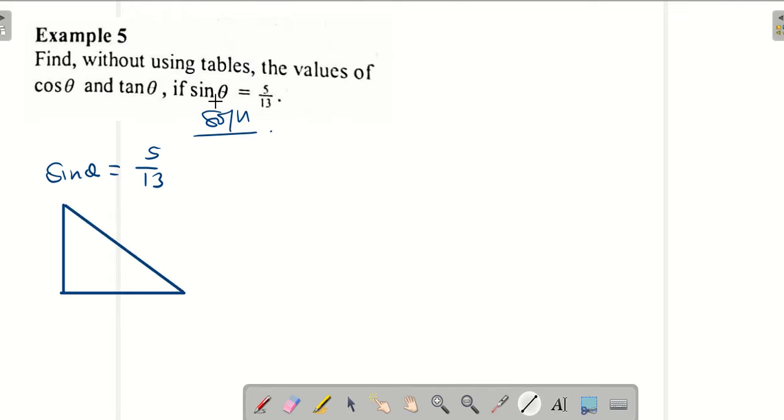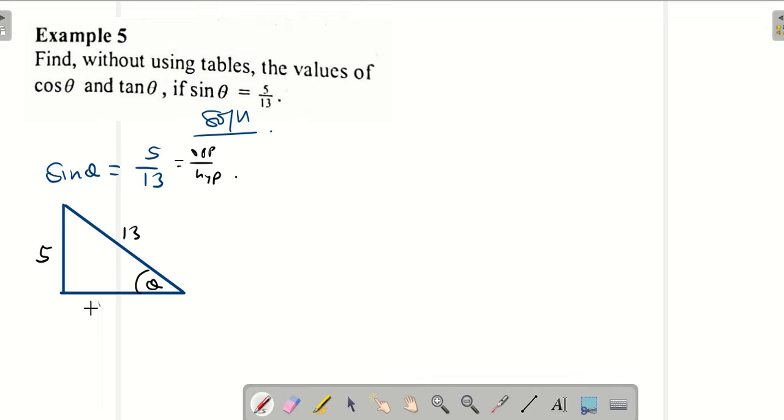So let's see. We have the angle here, theta. It means that sin theta is opposite over hypotenuse. So our opposite is 5 and our hypotenuse is 13. So we can work out the adjacent. We all know how to work with Pythagoras theorem, so I will be skipping some of the steps.